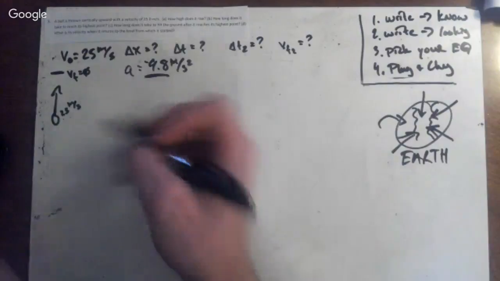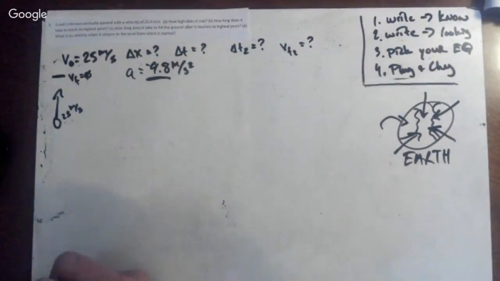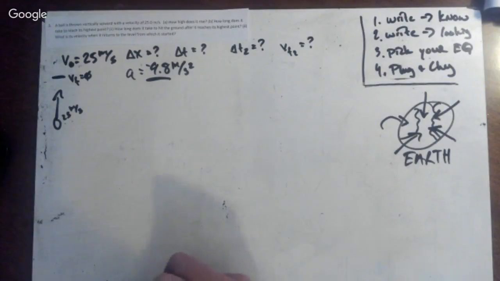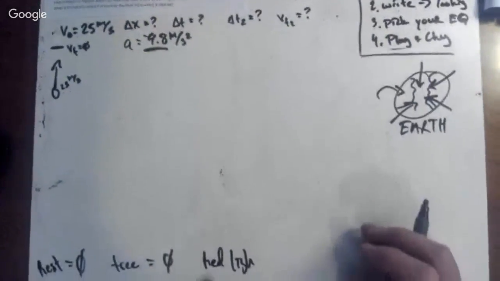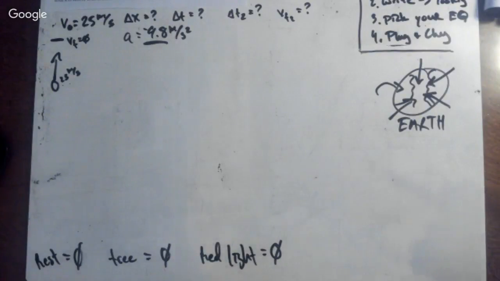Okay. So now we know all these things. And us tricky physics teachers, we will say things like starts from rest. That means zero velocity, or dropped out of a tree, which means zero velocity, or red light, which again means zero velocity.